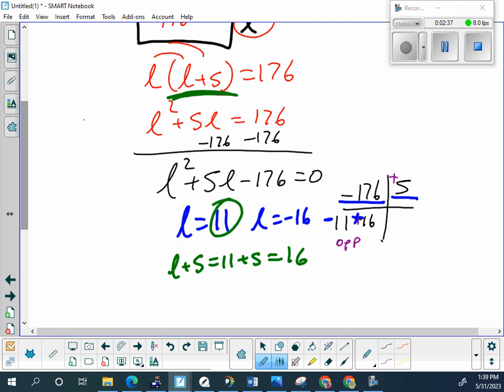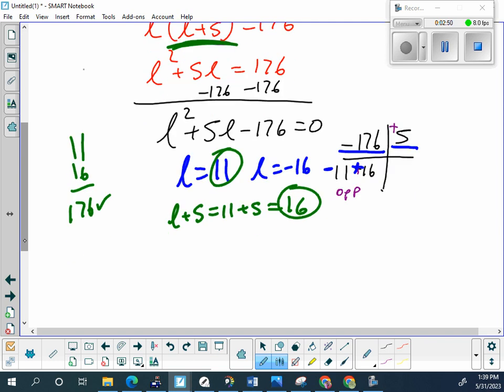So the chart gives you the right answers. You just have to determine what they are. And I can check that, 11 times 16 equals 176. That checks out. It's 5 more than the length. Okay, so then I'm going to write the length, and make sure you label this. Oops, I spelled length wrong.